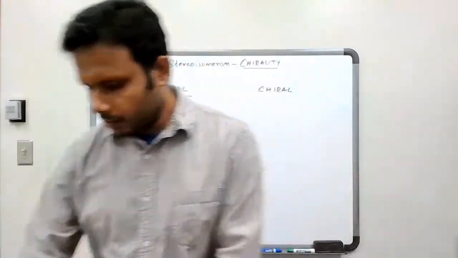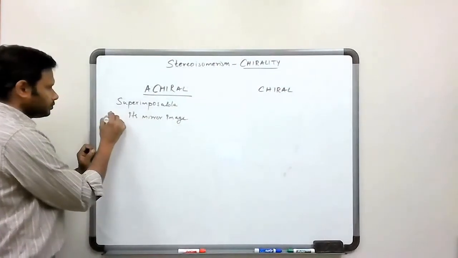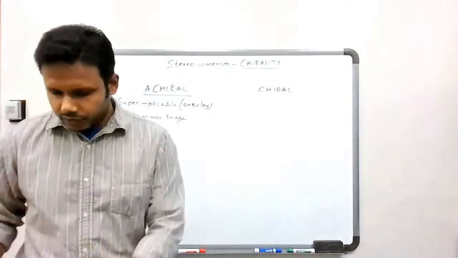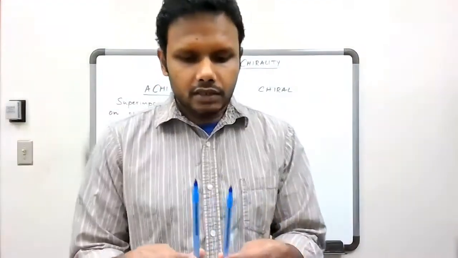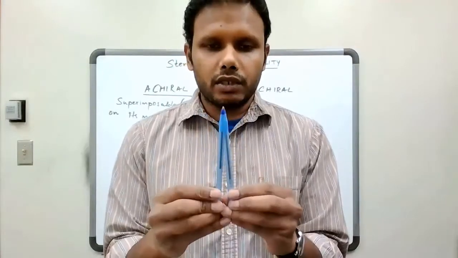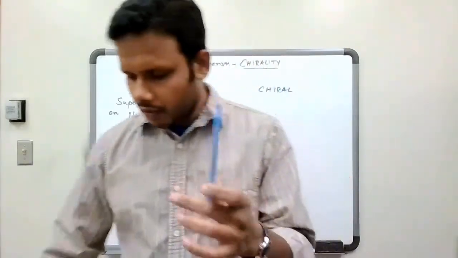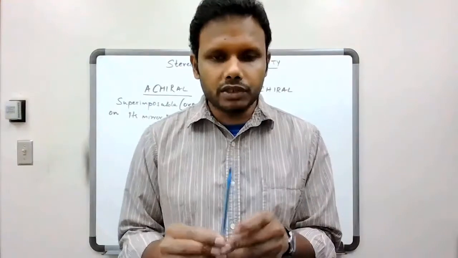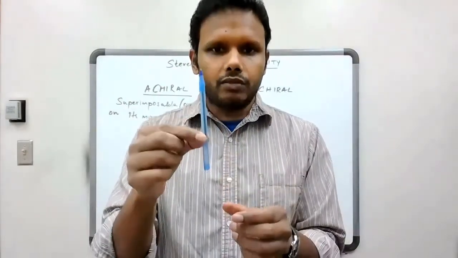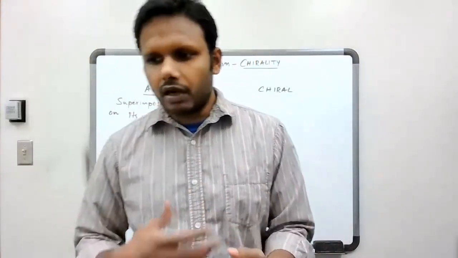Superimposable means overlaying completely. So if we ignore the label and the ink levels, this pen is an achiral object, because it has a mirror image which can be superimposed on the object. The same applies to other objects.